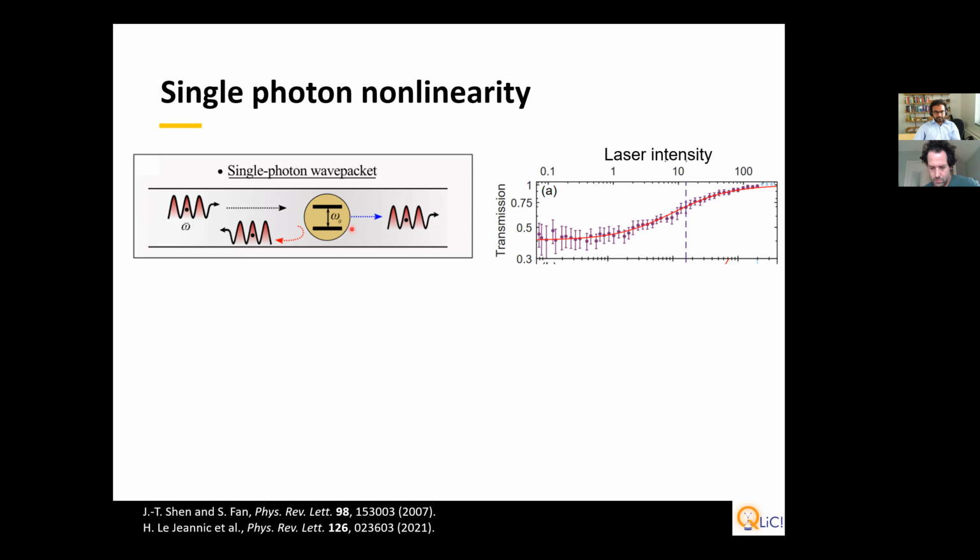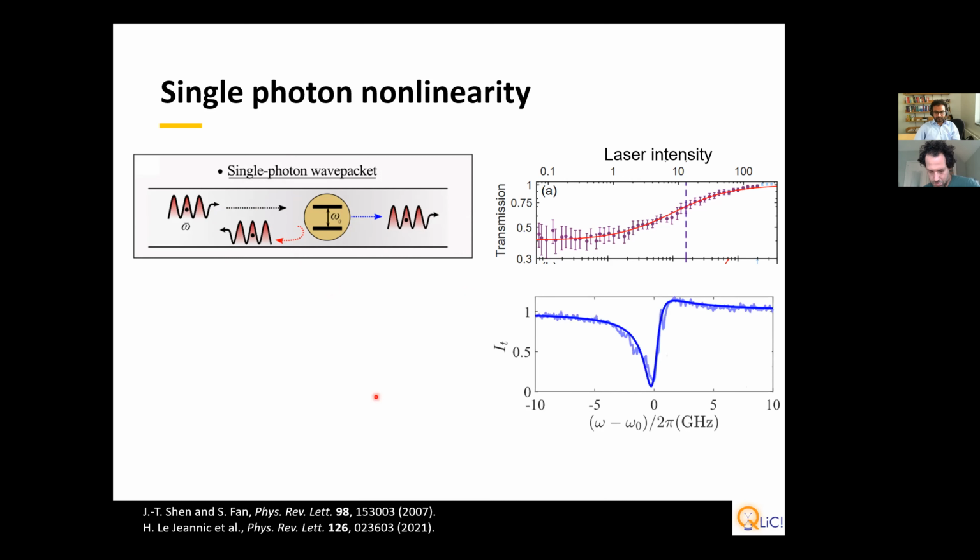So if we go to the level where we are shining just single photons, the transmission drops to near zero, and that's because the re-emitted light and the forward propagating incident light interferes destructively to cause most of the light to reflect back.